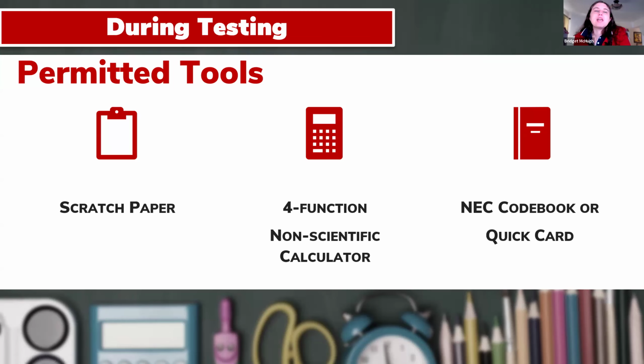Now, just a big note here: this access is for a standard test session without accommodations. If they're allowed to have access to something else because of their accommodation, that's an exception to the rule. So that supersedes this, as long as it is part of their accommodation on their IEP.